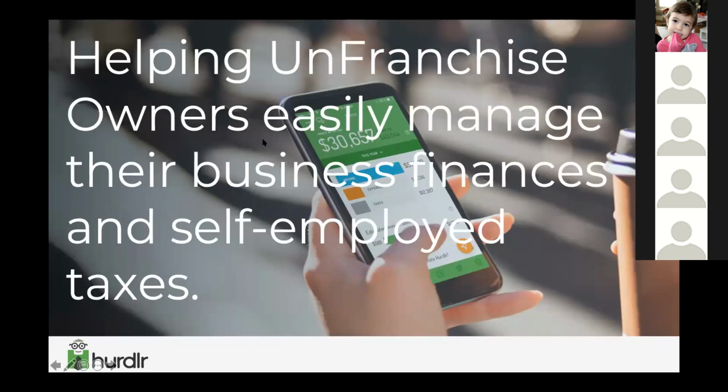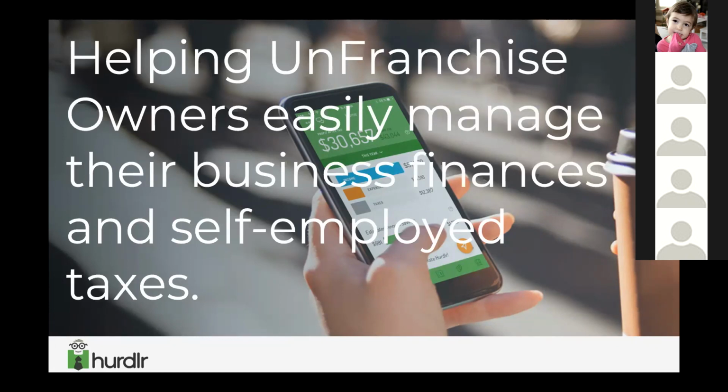So without further ado, I'm going to jump in and give you guys just a basic overview of what Hurdlr is and what they're here for before we tell you how to log in and set it all up. So essentially, Hurdlr is a system that helps unfranchised owners to easily manage their business finances and self-employed taxes. As you have all seen in the unfranchised business presentations, one of the benefits of being an unfranchised owner is potential tax benefits.